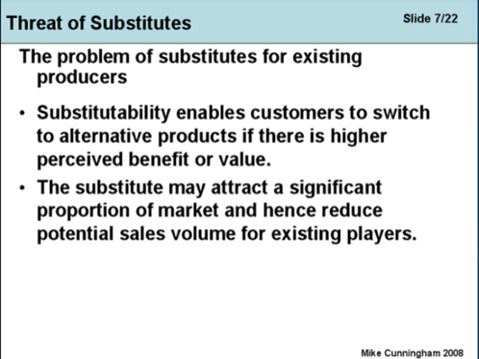The substitute could attract a significant proportion of the market, and in this way it could reduce sales for the existing players. I say players, I mean companies. It could cause a significant reduction in potential sales. It depends on the degree of substitutability between the products.